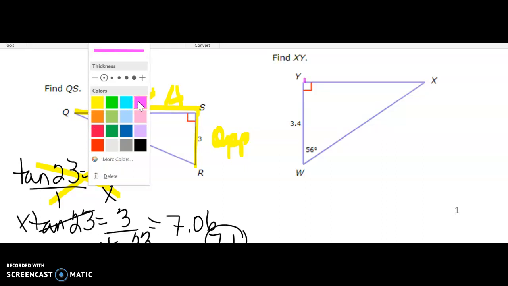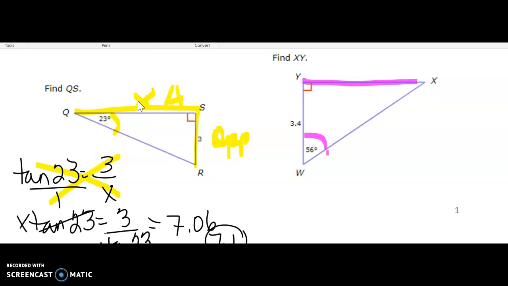We're looking for xy. What is xy? I'm going to put an x there. What is xy to 56? Opposite. We know this one, which is adjacent. So let's see. We have cosine.